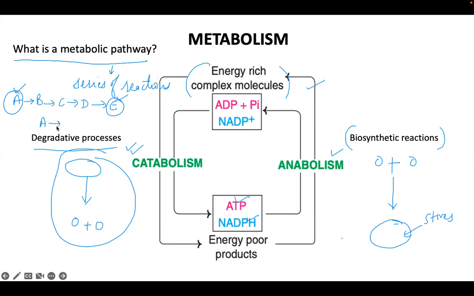You see that A is converting into E not directly, but via a series of reactions, where first A is converted into B, then B to C, C to D, and then D to E, that is the final product. So, the reactions which take place in such a series fashion, that collectively is known as the metabolic pathway.